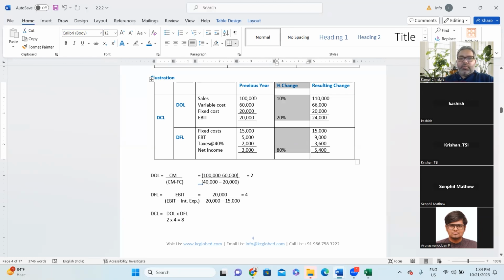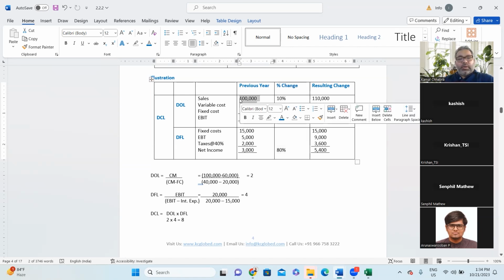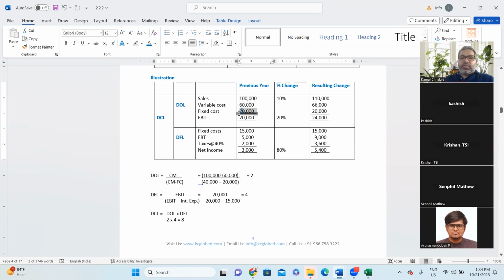What is your contribution margin? 100,000 minus $60,000, that is your contribution margin, right? That is $40,000 divided by the contribution margin minus fixed cost, 40,000 minus 20,000, right? So this is 2. Are you with me? Clear.